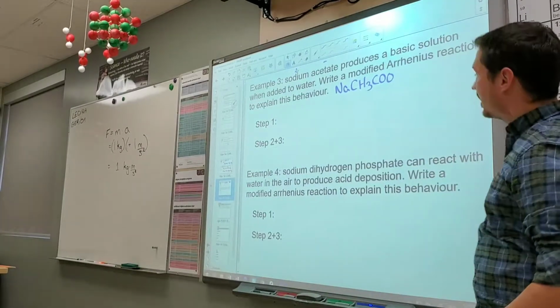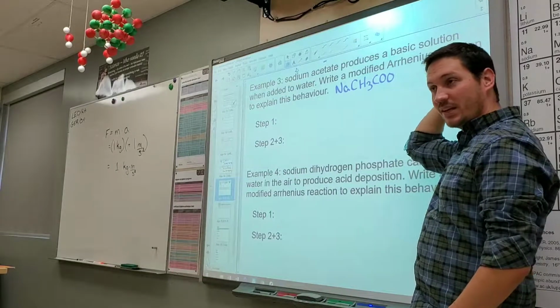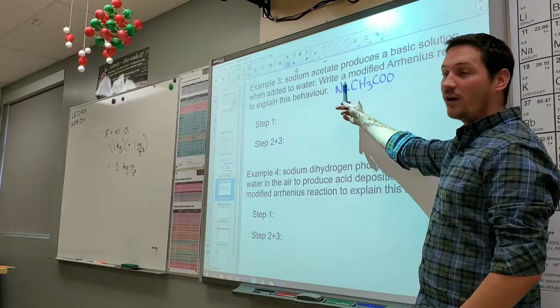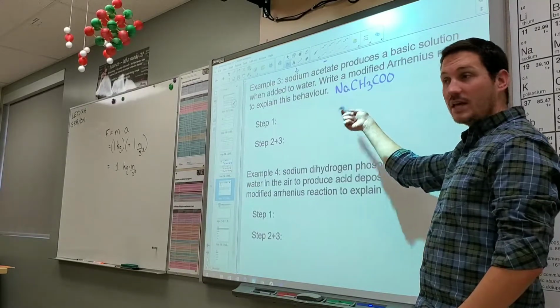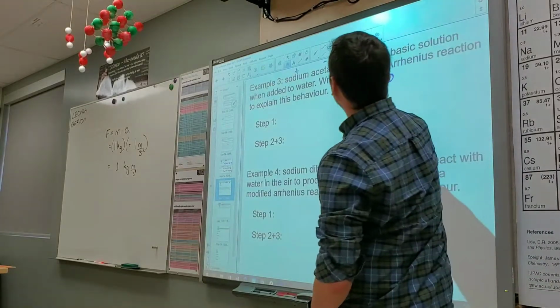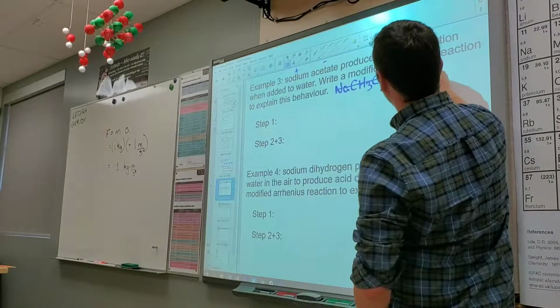So, can we ignore one of these things? Yeah, sodium's group 1. Ignore it, right? So what are we really focused on here? Just the acetate, right?